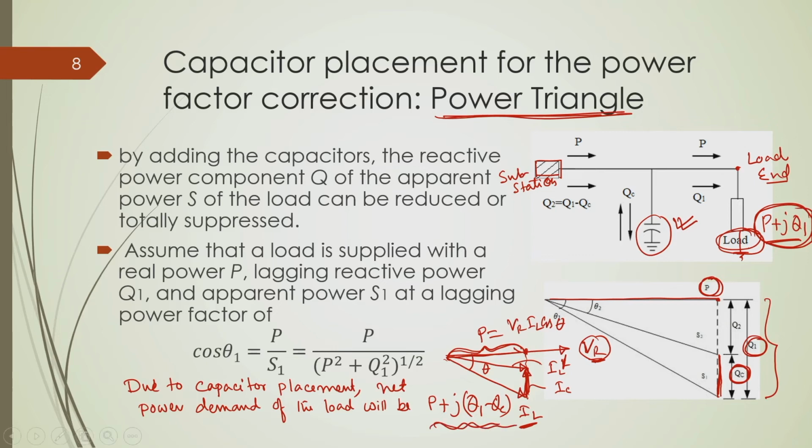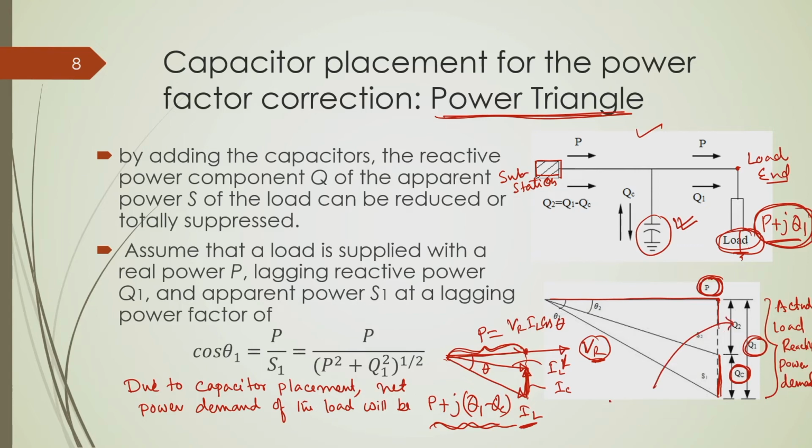its actual load demand is changed to that. And that is why you can represent this using the concept called the power angle. So, here this is your P, this is your actual load reactive power demand, and this is the reduced reactive power demand of the load.